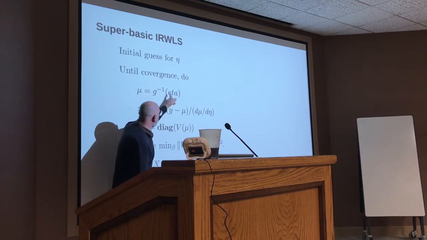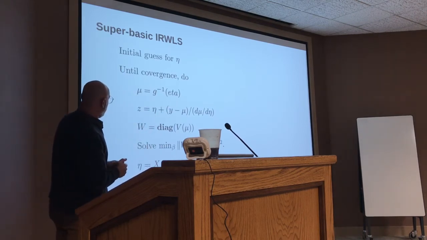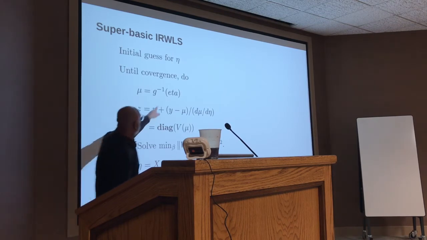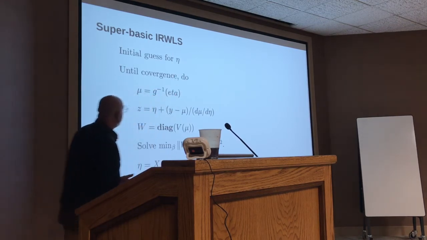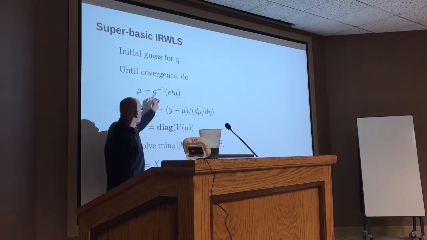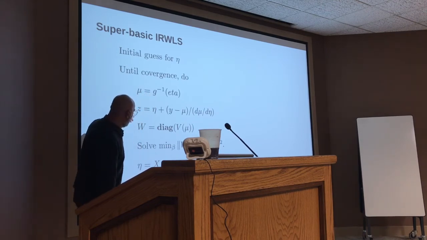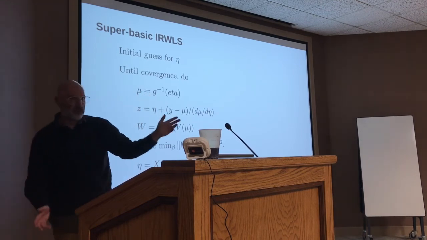Oh, sorry, that's a LaTeX typo there. That should look like that squiggly eta there, sorry. So mu and eta are related by this link function or its inverse. By the way, the link function has to be invertible. In fact, it has to be more than that. It has to be monotonic.